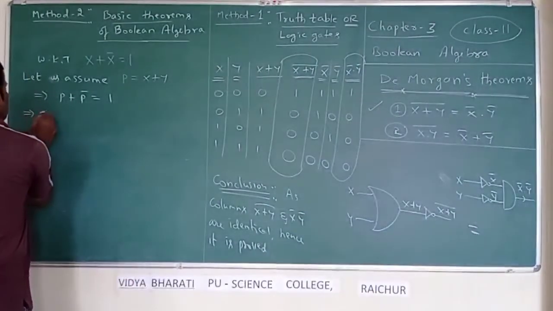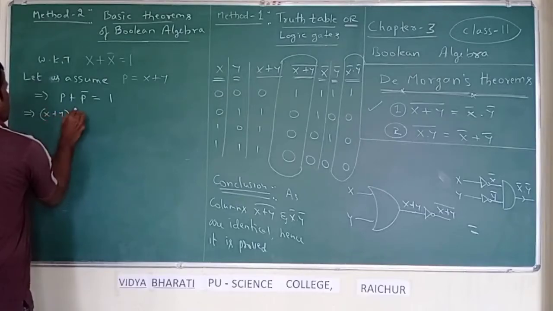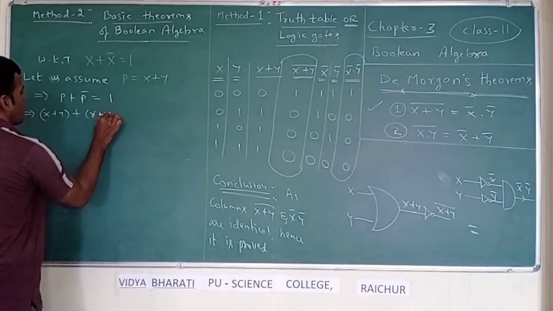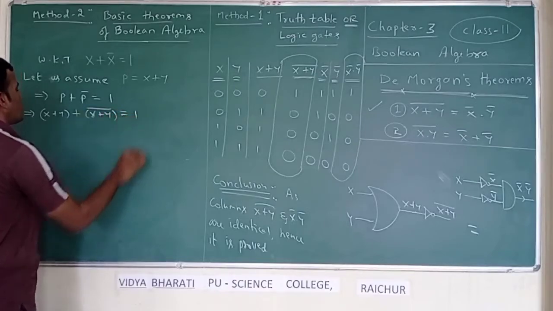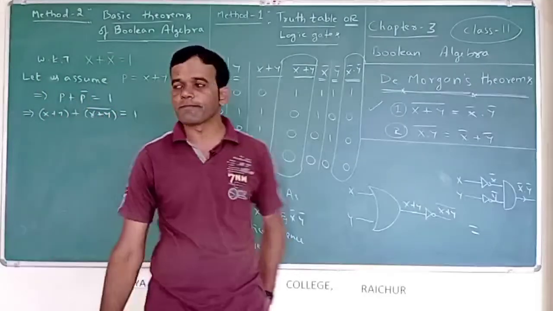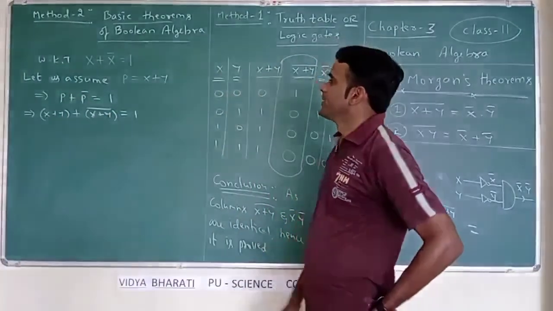This implies x plus y plus x plus y whole bar equals 1, with x plus y in place of p.